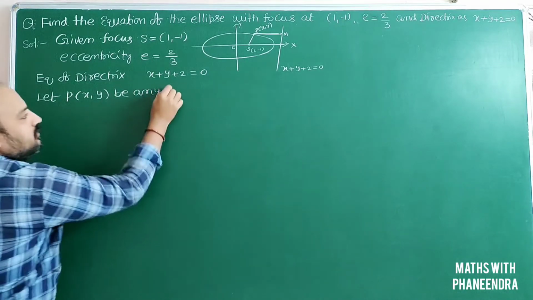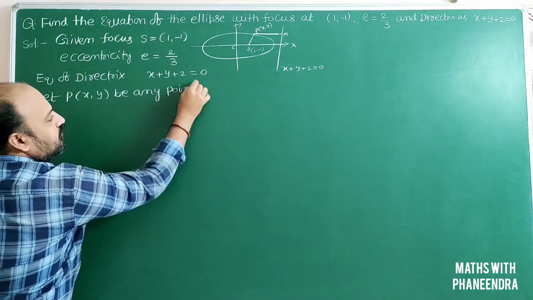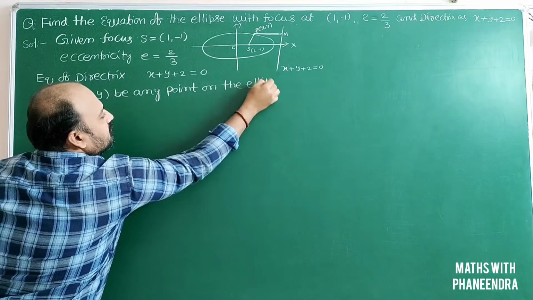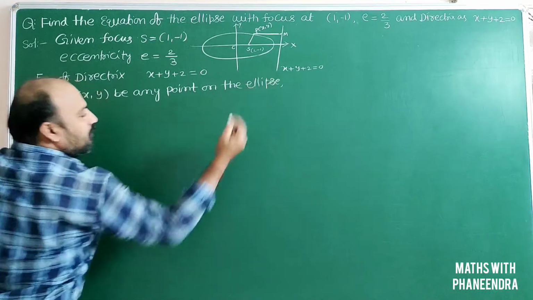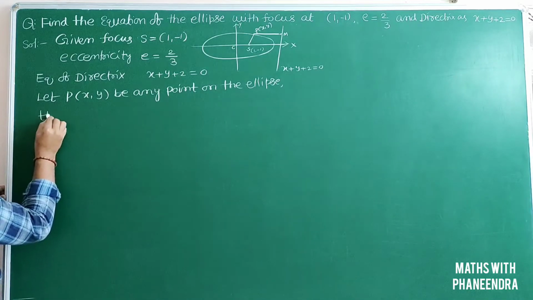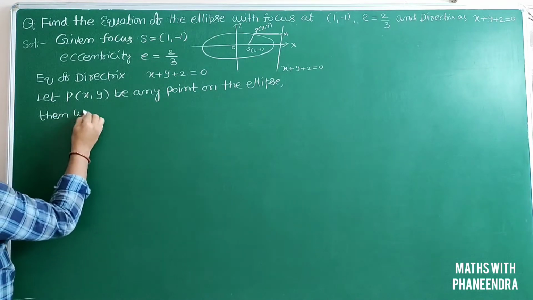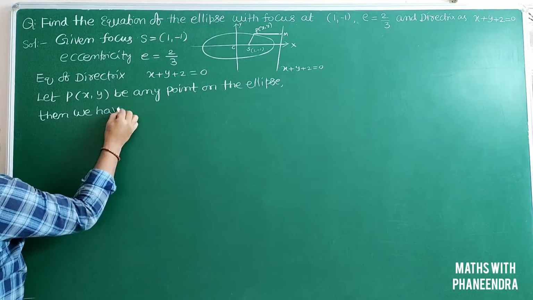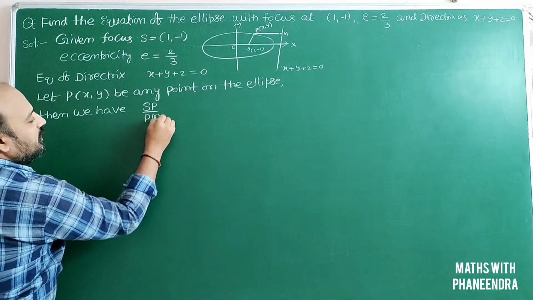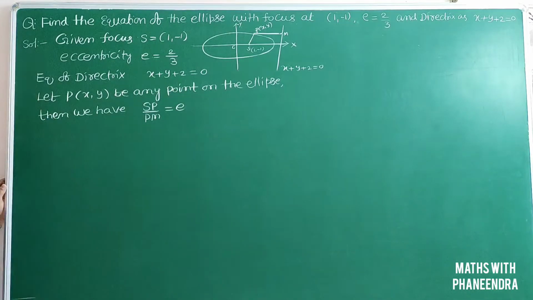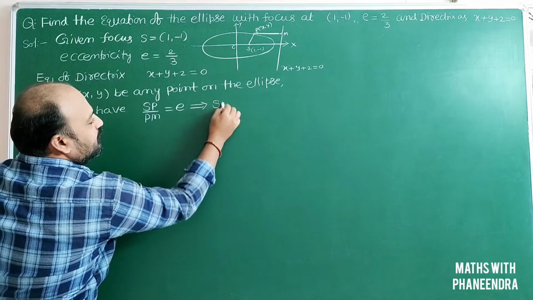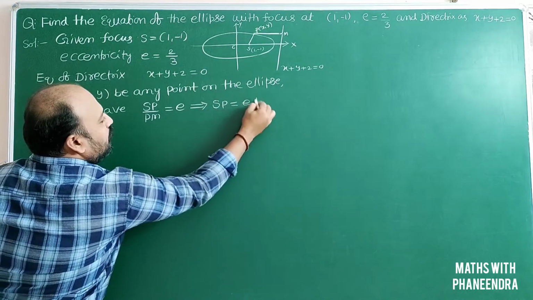Whenever the point lies on the conic, then we have SP by PM is equal to E. So cross multiply and write the condition: SP is equal to E into PM.